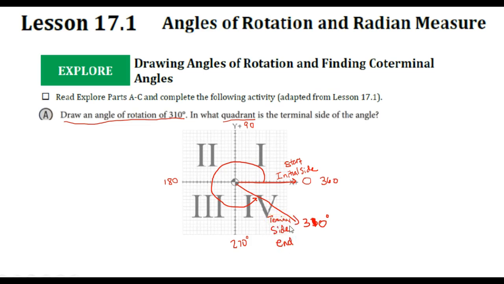Basic concepts of starting and ending, but they give it fancy terms, initial versus terminal. And you'll notice my terminal side ends up being in quadrant IV. I know you're like, what is that? It's a Roman numeral, guys, and it means it's the 4th quadrant. The other ones are self-explanatory, 1st quadrant, 2nd, and 3rd.